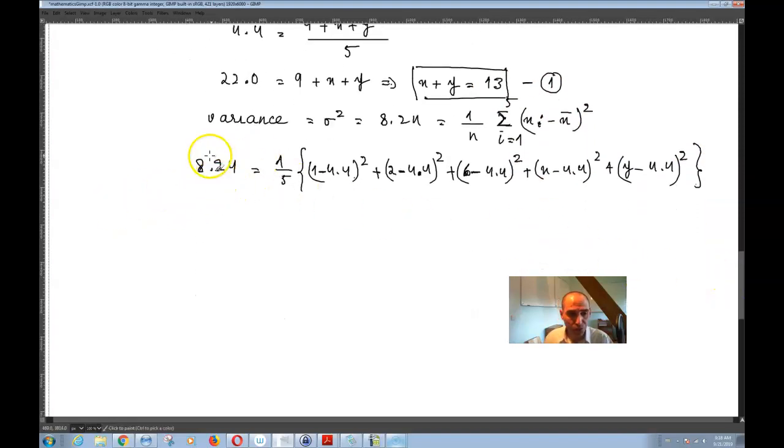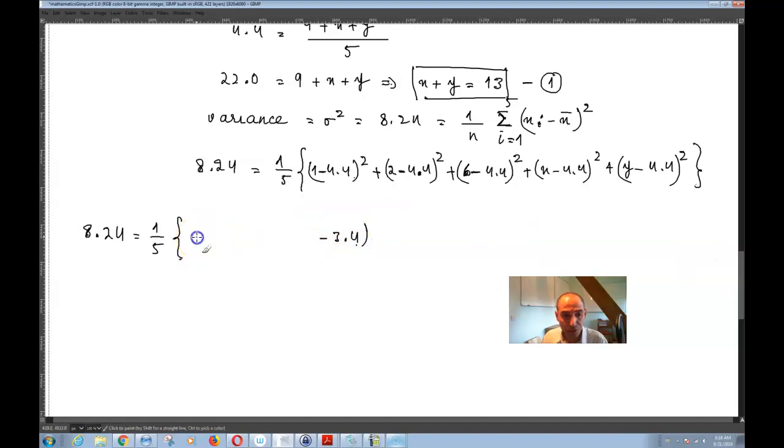So 8.24 is equal to 1/5 times, for example, 1 minus 4.4, which is equal to negative 3.4. Let me put my calculator here. So 1 minus 4.4 is equal to negative 3.4, right? So negative 3.4 squared.